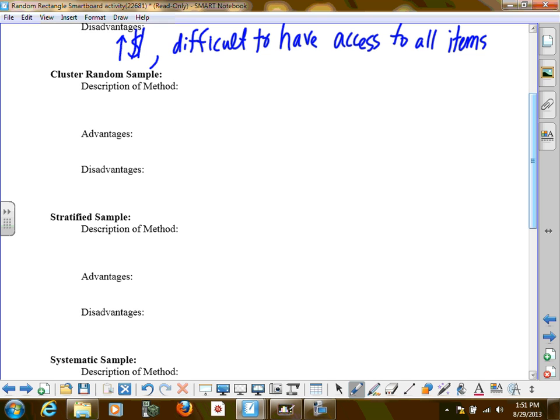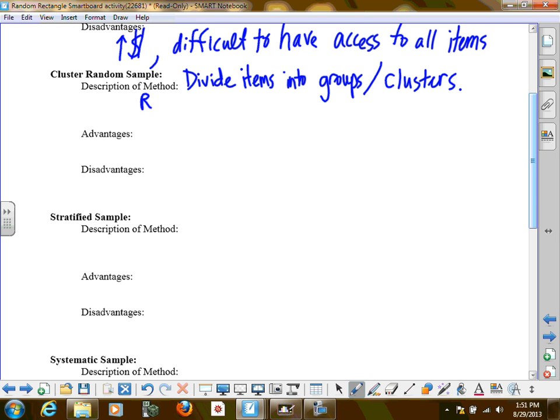We first say divide the items into groups or clusters. And then you randomly choose clusters. Technically, it doesn't have to be just one cluster that you choose.